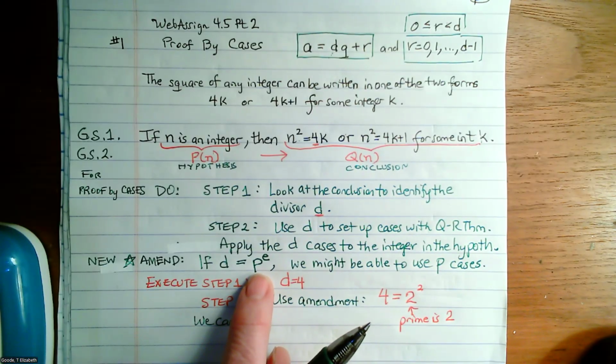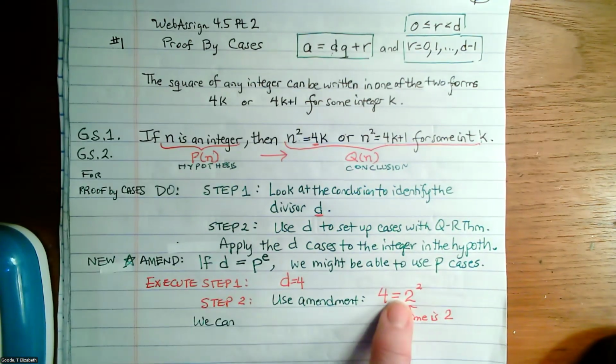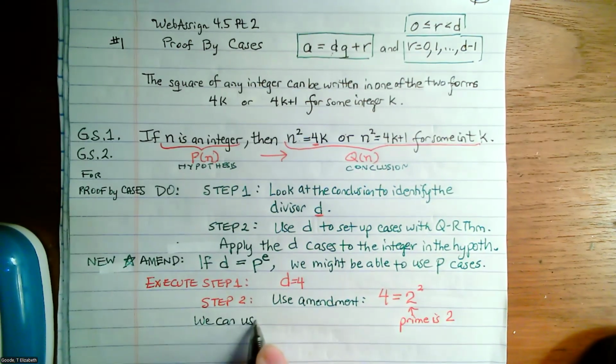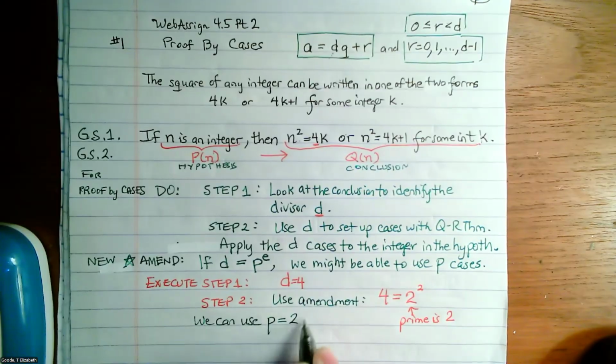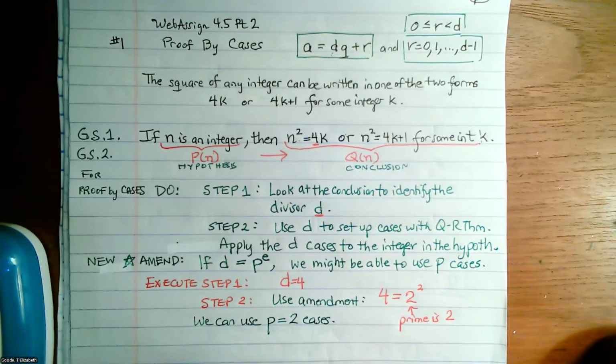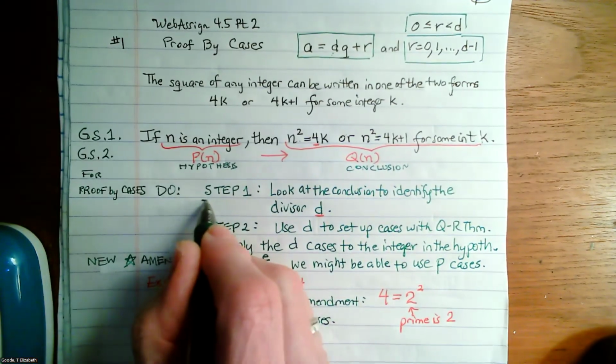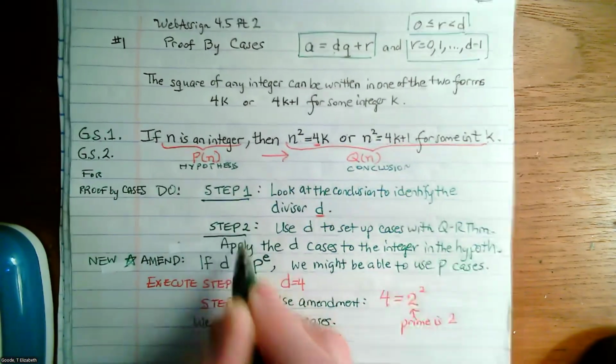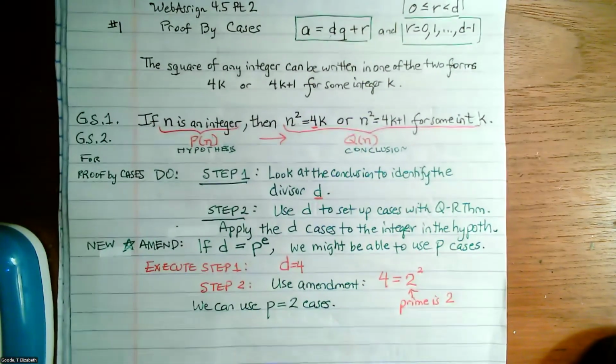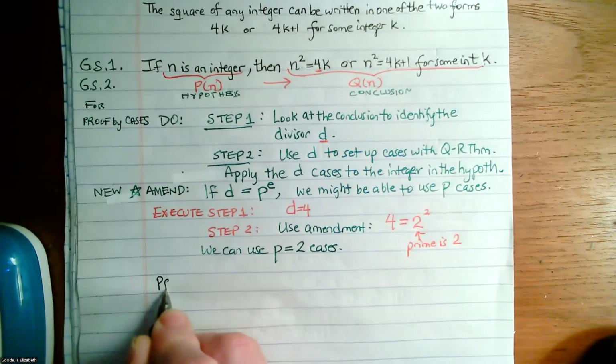It turns out you can often just kill the proof, so to speak, in P cases. In this case, 2 cases. We can use P equals 2 cases. And you might not have even noticed that, but maybe you did when you started to try to figure out this proof. So let's write the proof.